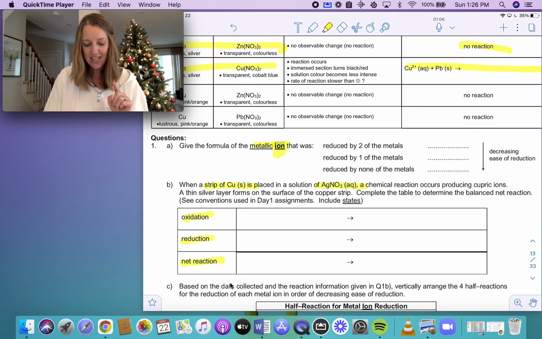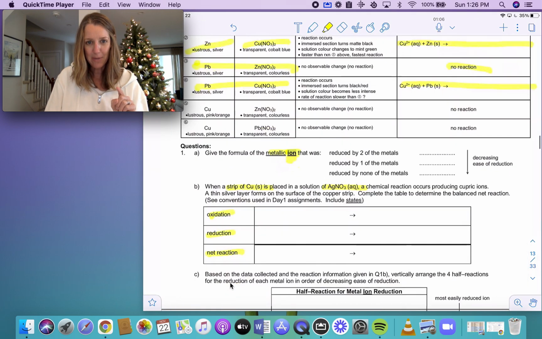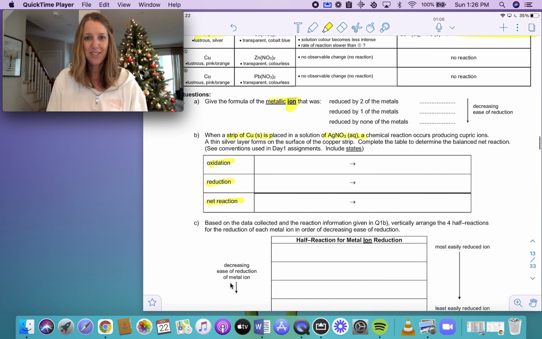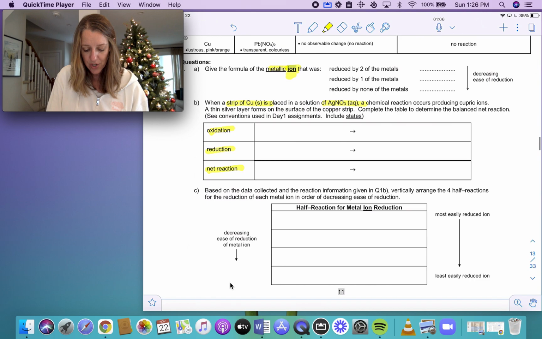Now, take the information from the data table and what you just realized about silver, and for 1C, you're going to write half reactions for the reduction of each metal ion in order of decreasing ease of reduction.